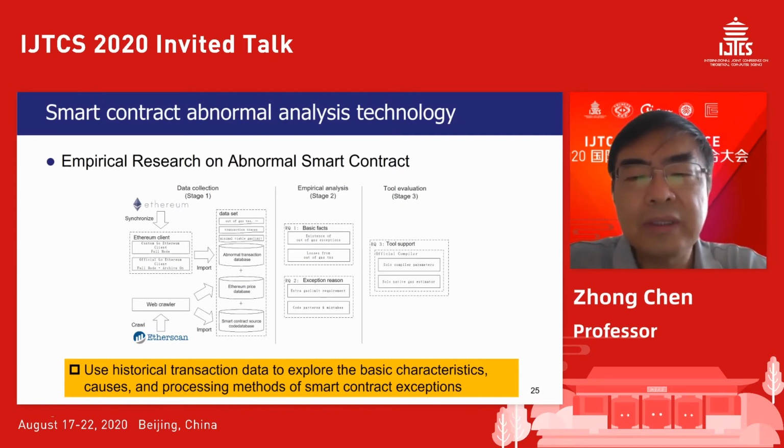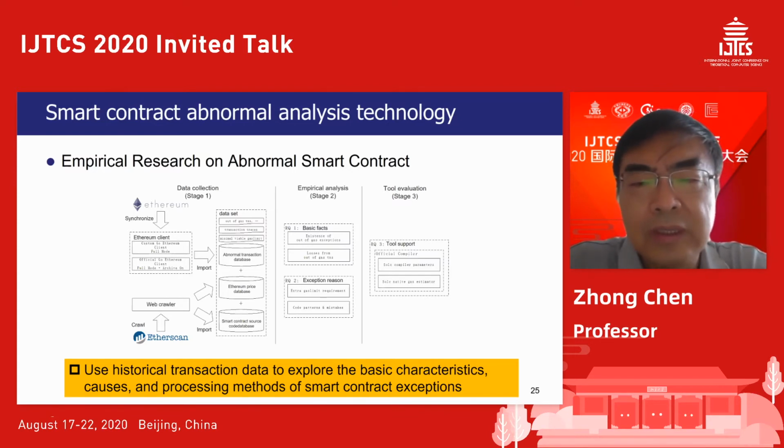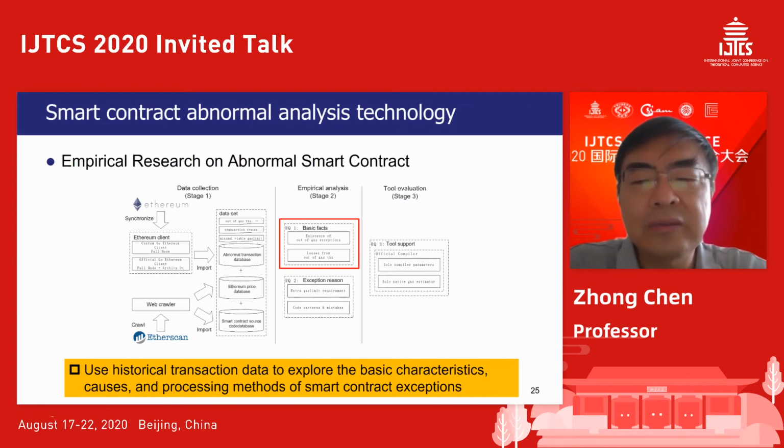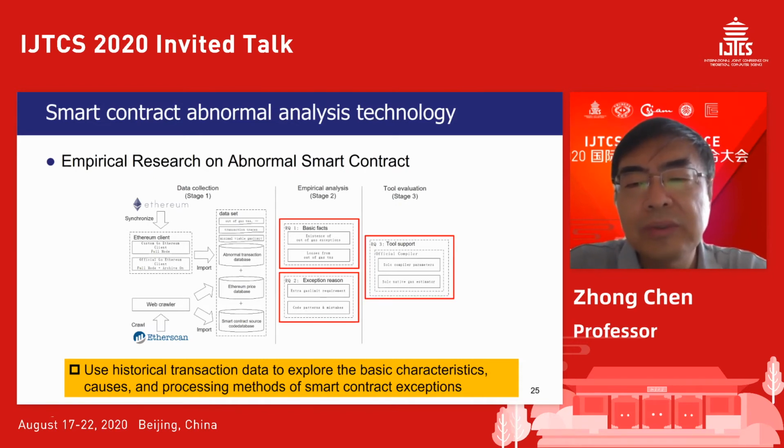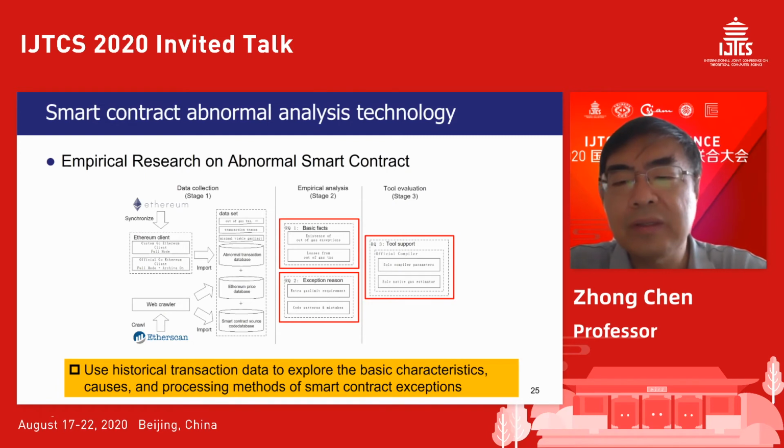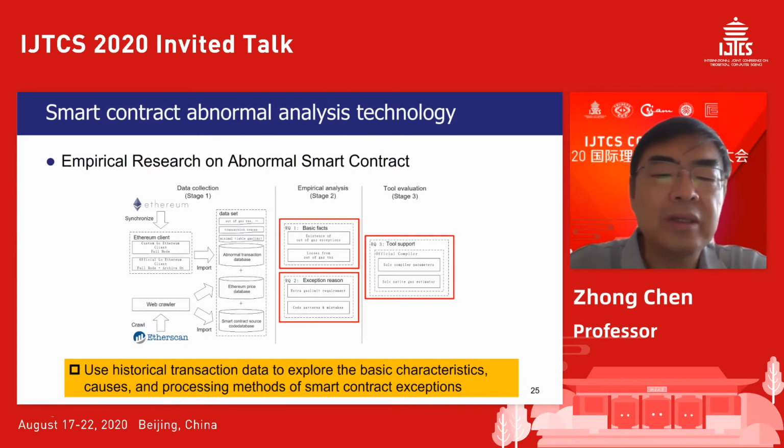Then they go through stage 2, the empirical analysis, so we can get the basic facts and the exception reasons. Then they use tools to do the evaluation, where the tools support the official compilers.